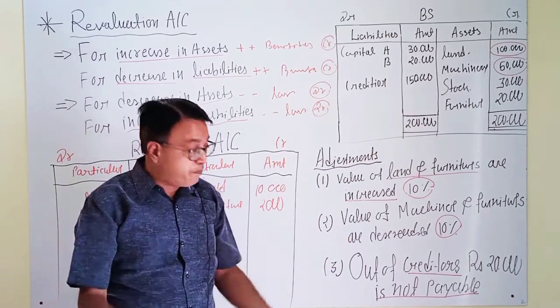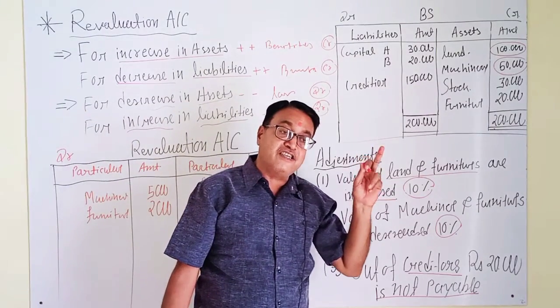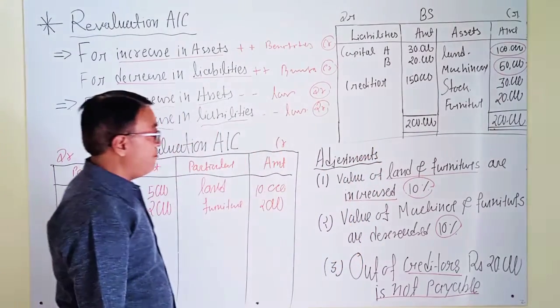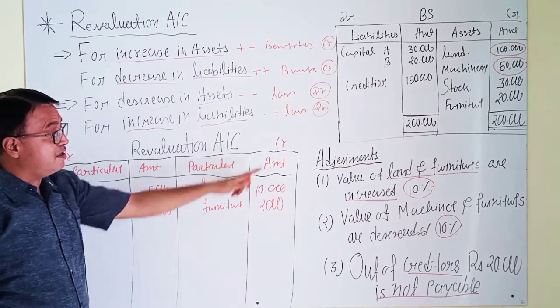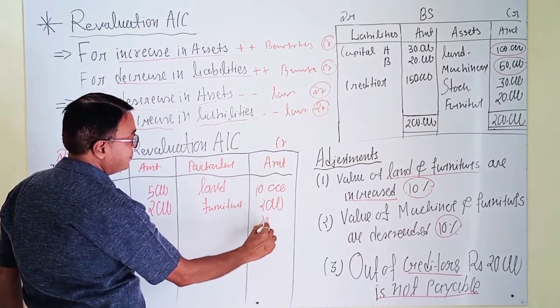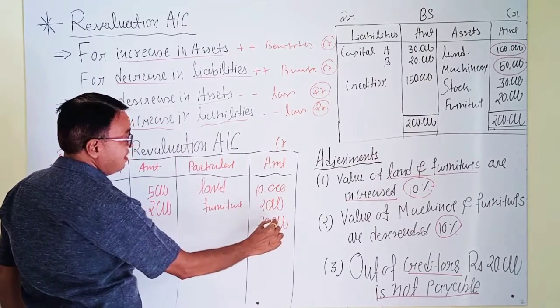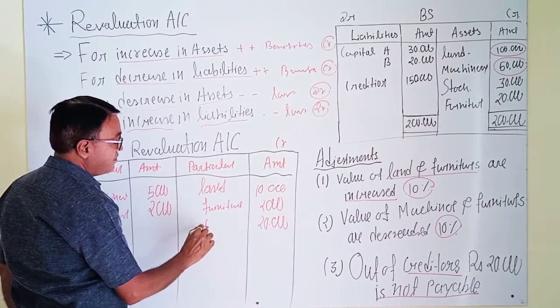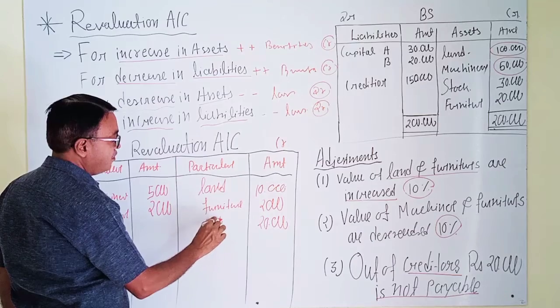If we will not pay 20,000, then it's our benefit, and benefit is always recorded on the credit side. Then write here 20,000, and write that it is a benefit from creditors. Okay.